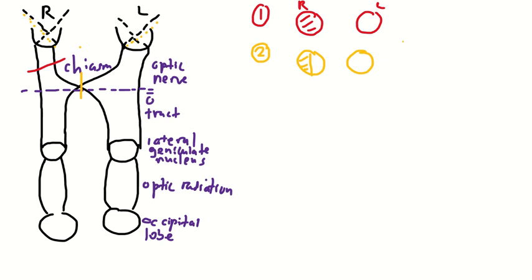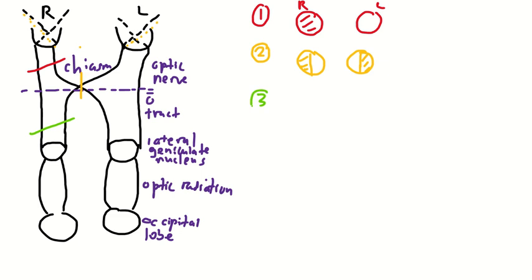So this is what we call bitemporal hemianopia. And we go to the next one, number three, when the optic tract is being affected.